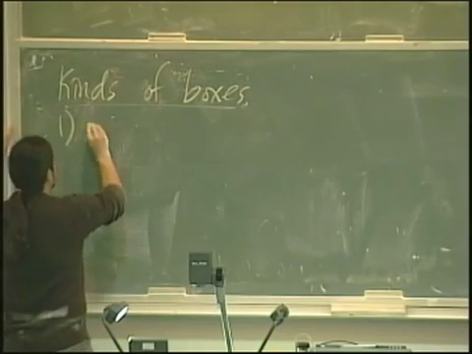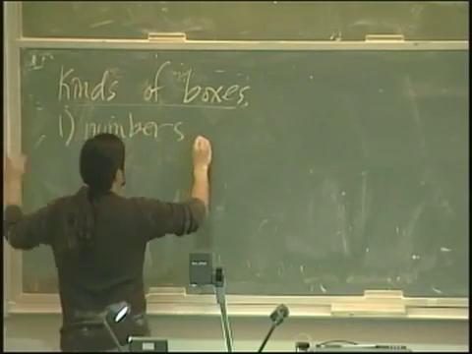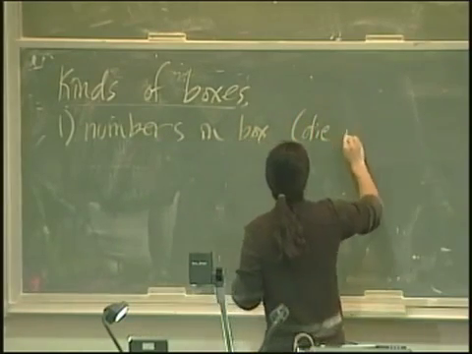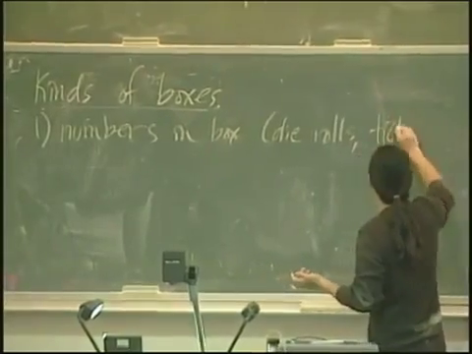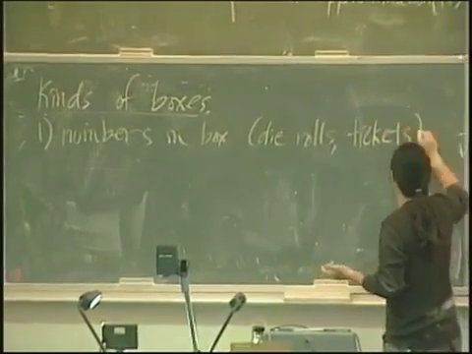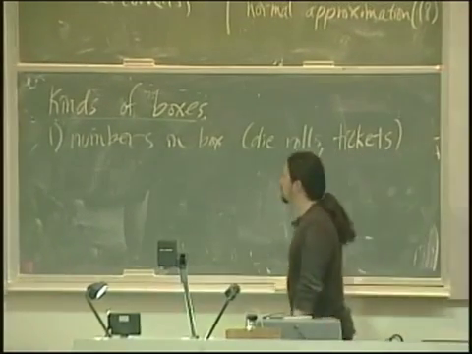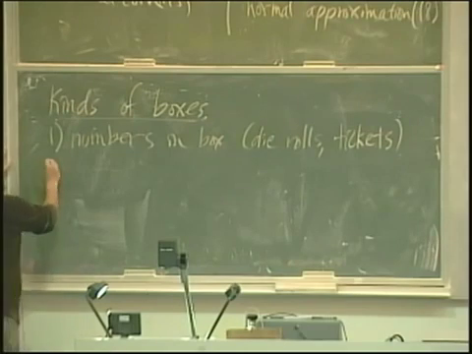There could be just pure numbers in the box, like die rolls. Or a lot of problems in the book we'll just talk about, suppose you have these tickets in your box. Okay? So the numbers don't really have any kind of real world meaning.